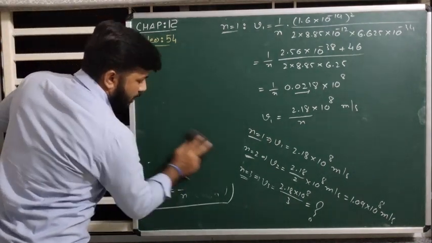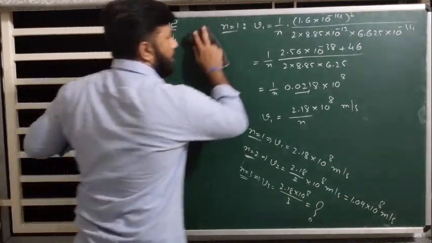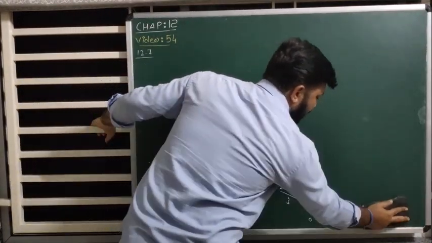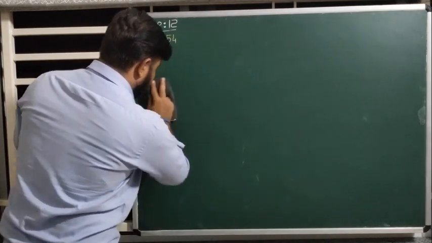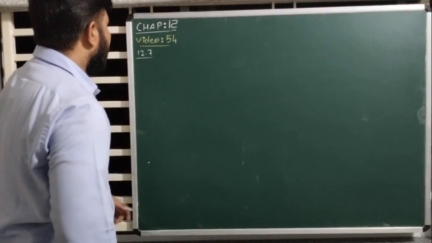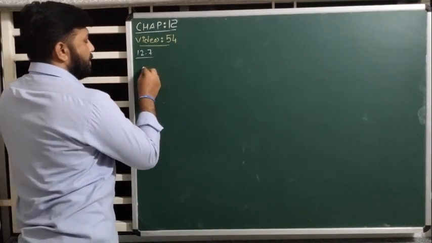Same numerical, but second part, that means we have to find the orbital period of time, that is T. So how to find that T? We have an equation.